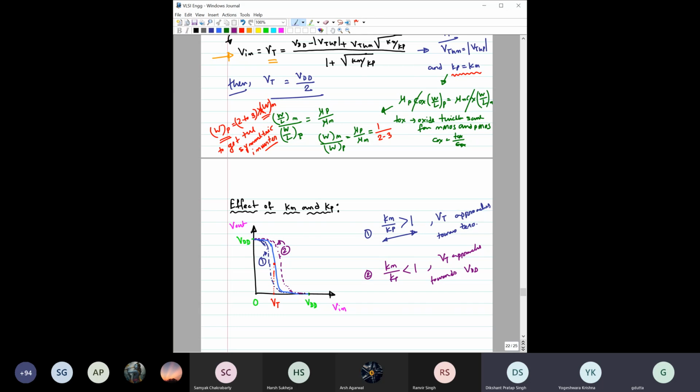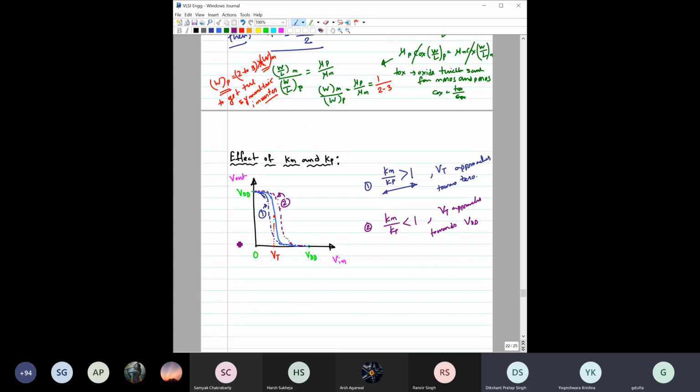You can give any width as long as you fall under that particular rule. So you can change the width and fix this value of Kp by Kn. Depending on some requirement, you know the thumb rule to tweak this threshold voltage or shift this VTC either towards 0 or towards VDD. This is from this equation, and that is fine.